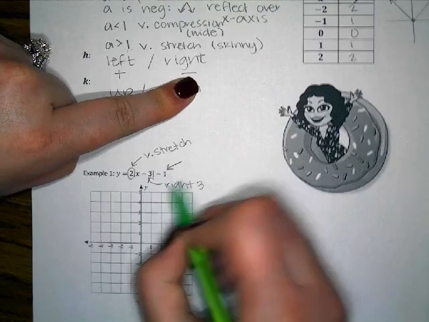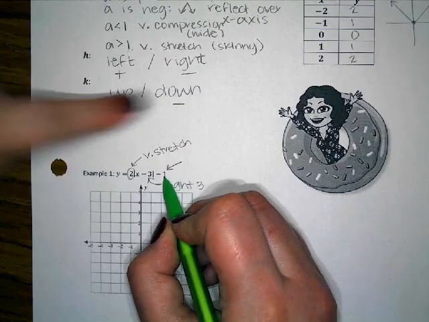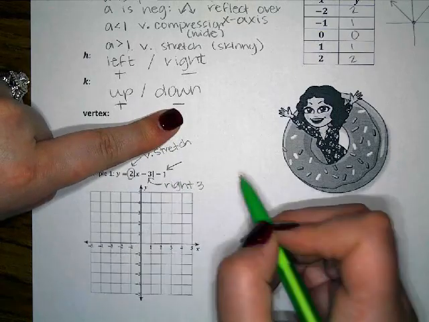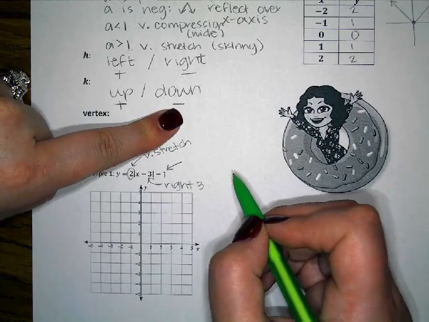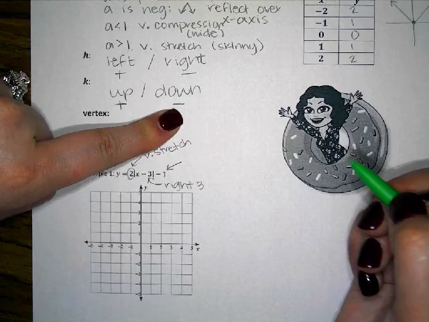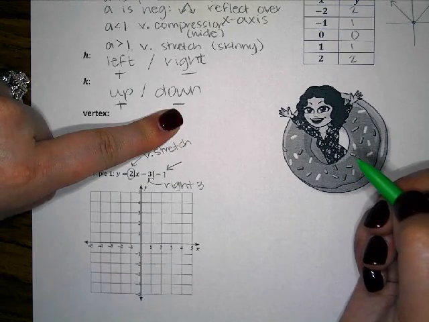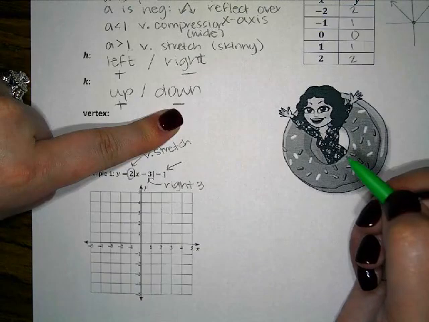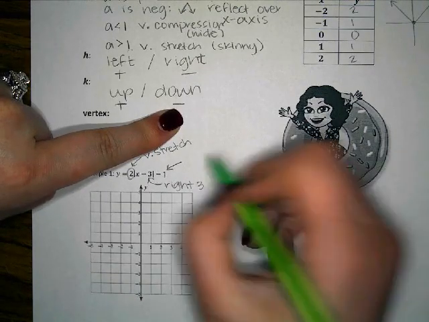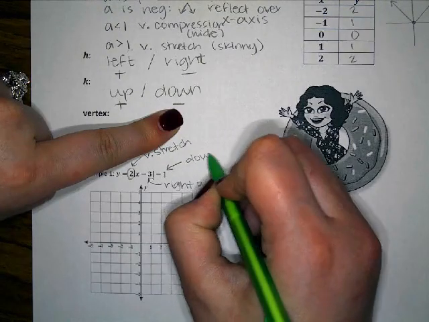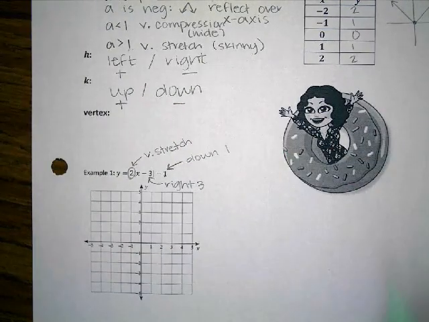If it has a negative on the end, does it move up or down? Down. Down 1.